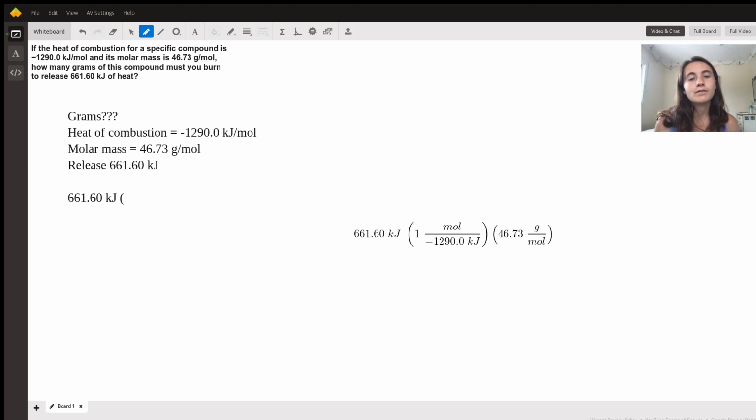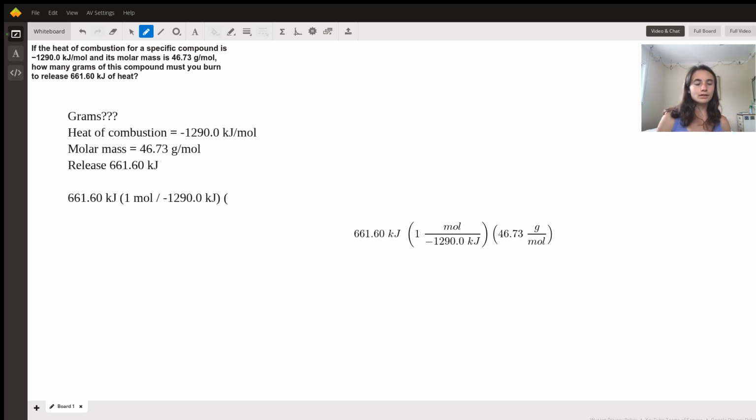The heat of combustion. And we want the kilojoules to cross out, so I'm going to put the kilojoules of the heat of combustion on the bottom. That means I have to put the 1290 kilojoules on the bottom.